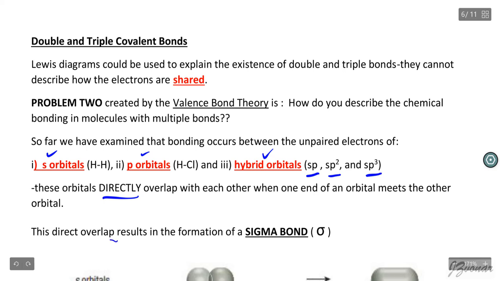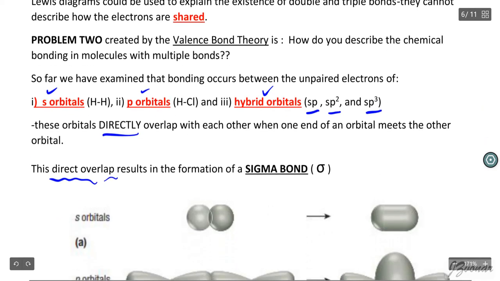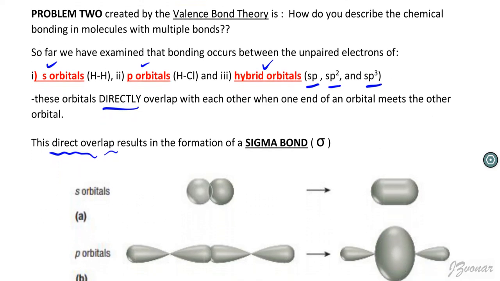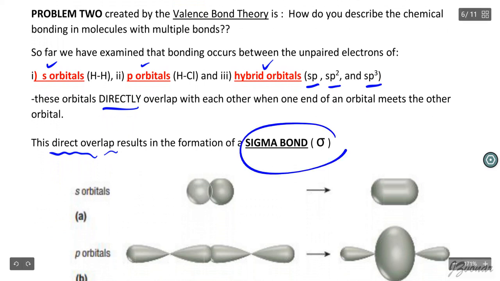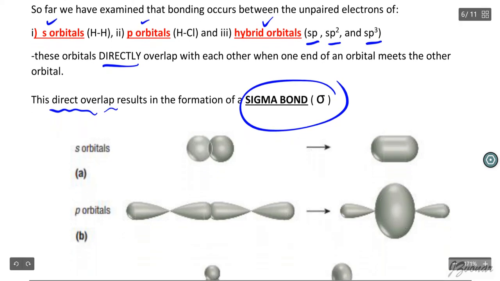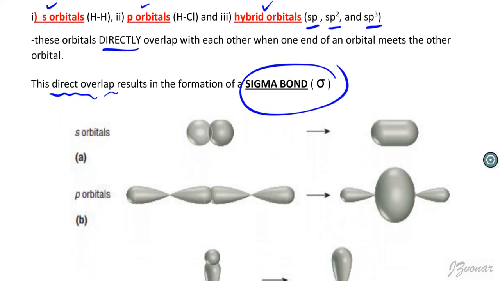Now this direct overlap, yesterday we did not name it, but today we're going to give it a name. This particular overlap is called a sigma bond. When we have two s orbitals overlapping, as in my first case here, this overlap is called a sigma bond.